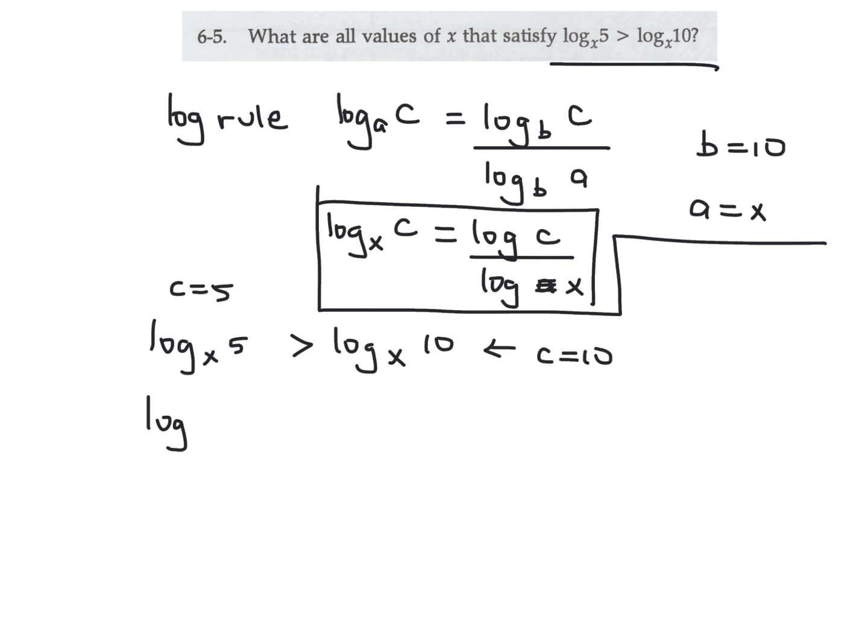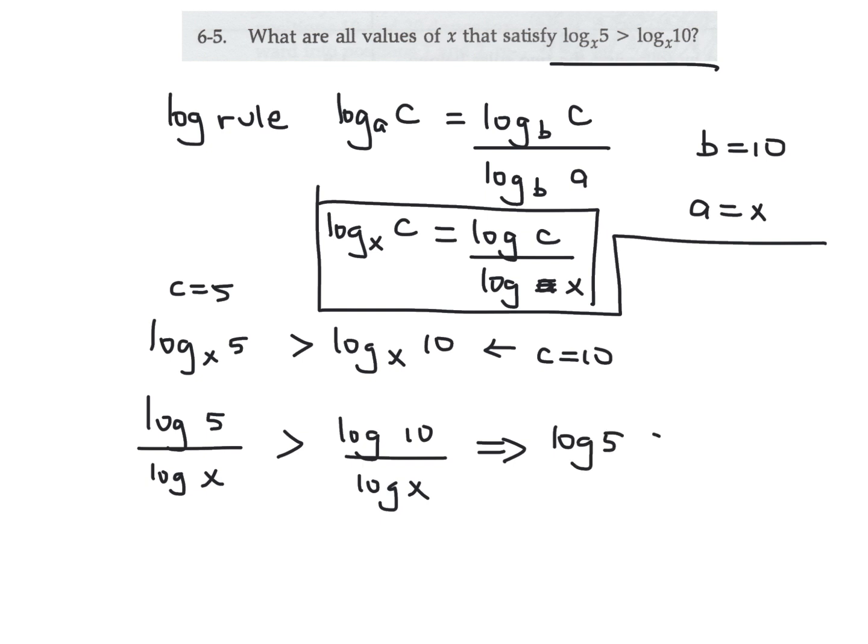So using that, it would be the log of 5 over the log of x, and this would be the log of 10 over the log of x. Right? Okay, well, the log of x is on both sides, so that cancels. So the only thing you're left with is just the log of 5 is greater than the log of 10.